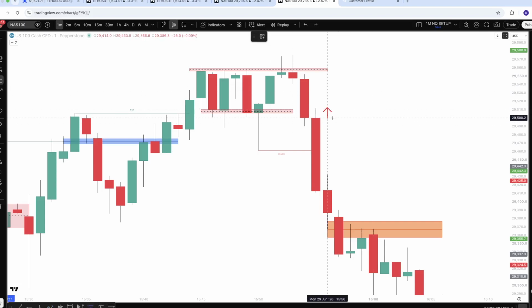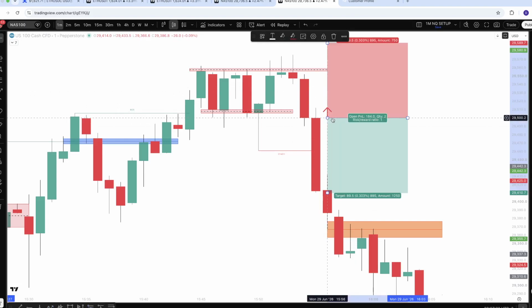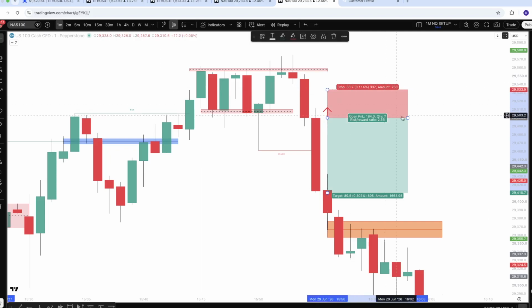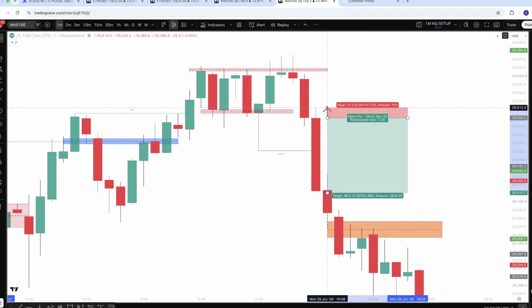I position my entry here as a sell stop, and then I'm just watching how far my stop loss will be. If the candle is going here up 33 points, I'm canceling the order, because it's just too much. But if I have a nice 10 to 20 stop loss, maximum 25, I still go, because this is for one contract on NQ, on NASDAQ, it's $500.